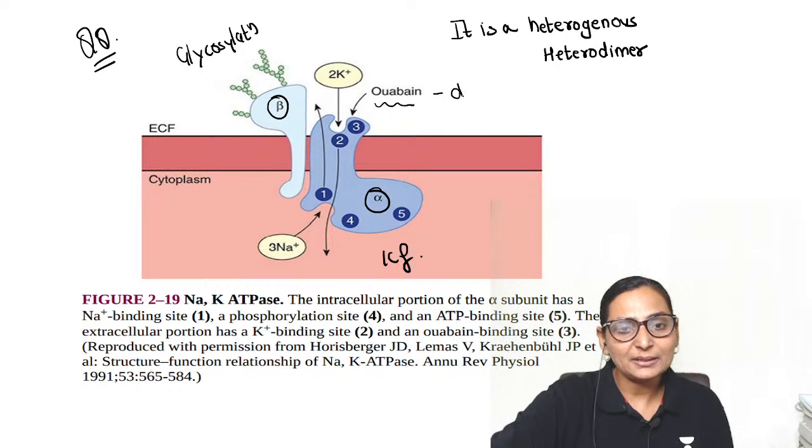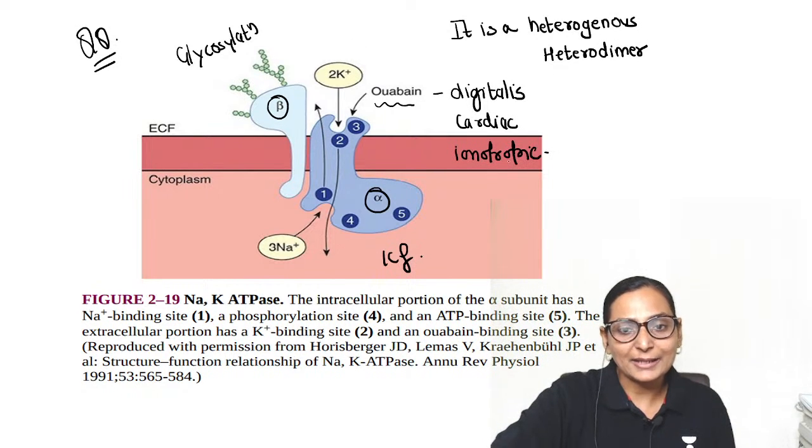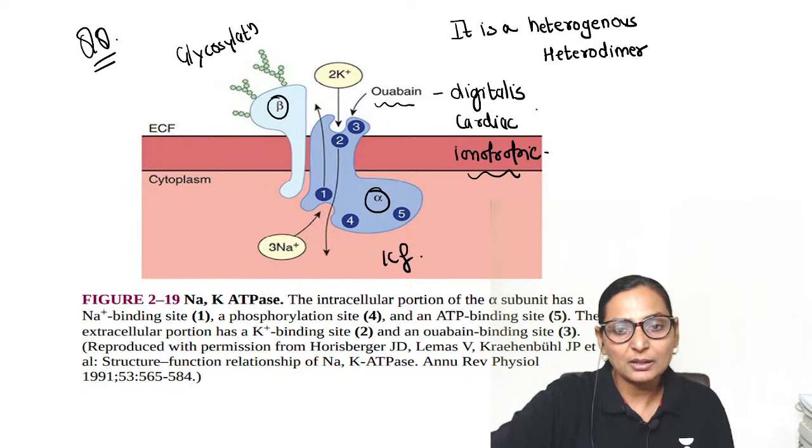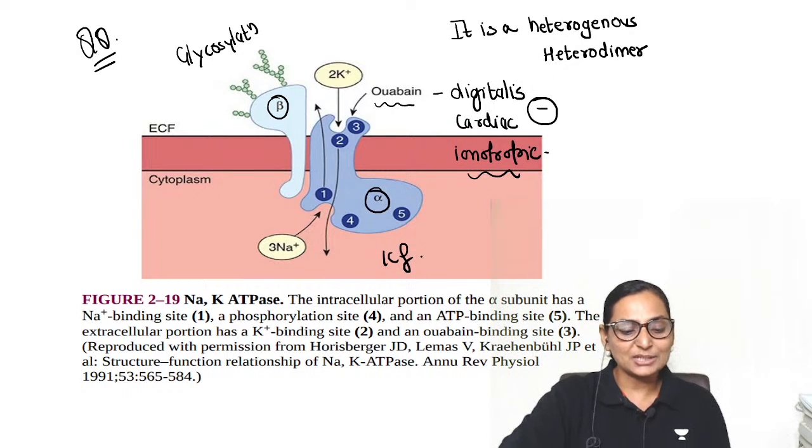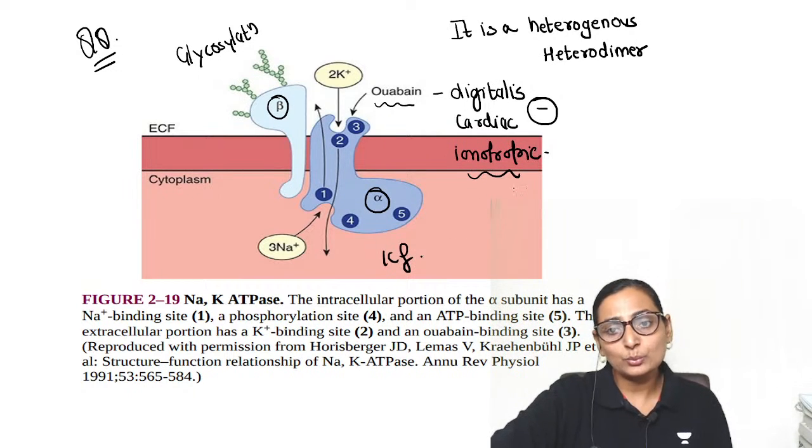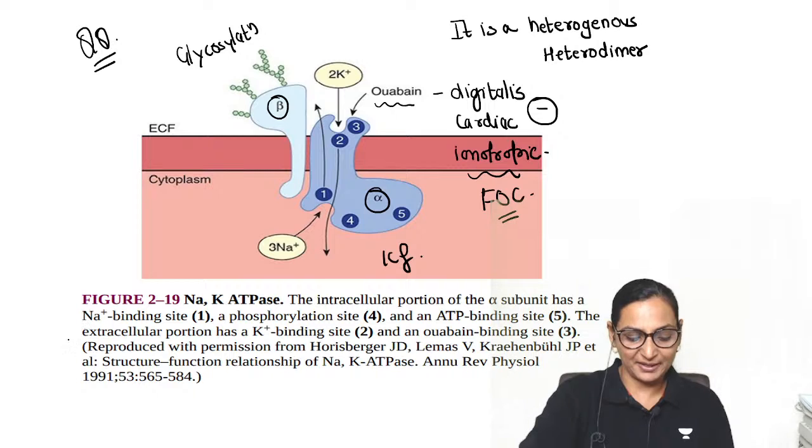What is QBank? It is nothing but digitalis, which is a cardiac inotropic agent, a cardiac glycoside. That means this is a drug which inhibits the sodium potassium pump, and it is known to increase the force of contraction of the heart, which is called the inotropic effect.